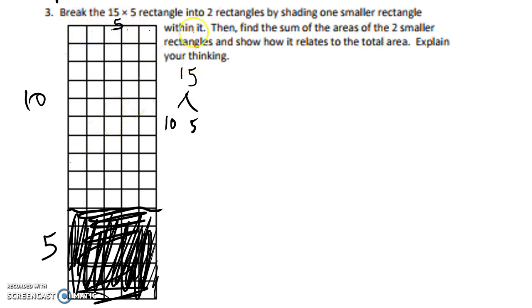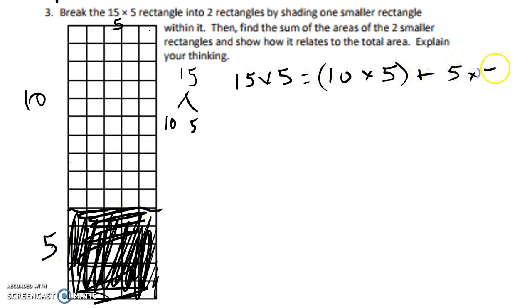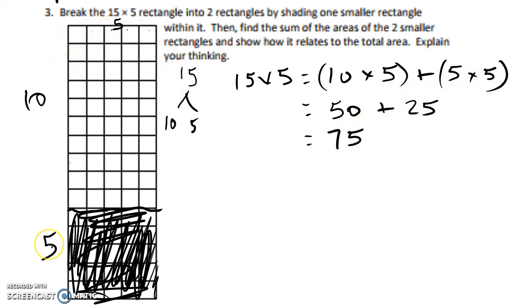So to find the answer to 15 times 5, I can do 10 times 5 plus 5 times 5. I love 5s and 10s. It's super easy to work with. Now, 10 times 5 is 50 plus 5 times 5 is 25, so that equals 75. This whole section is 75.